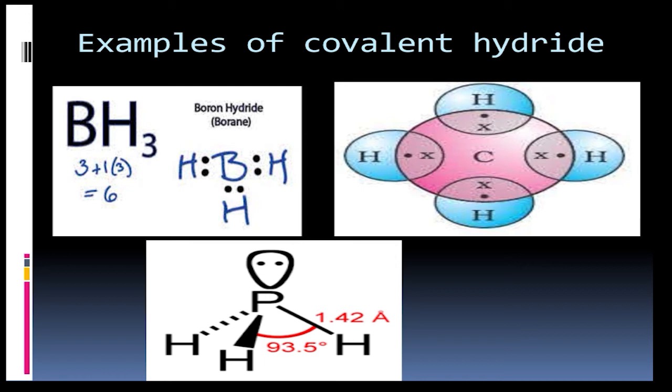Now look at the lower picture of PH3. This is phosphine. By the name it is phosphine. Otherwise I would say this is the hydride of phosphorus. And it is an electron rich hydride. Now why am I calling it electron rich?